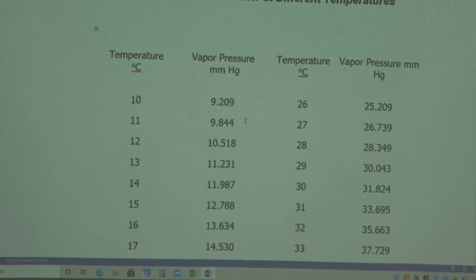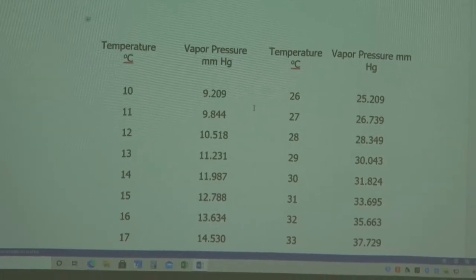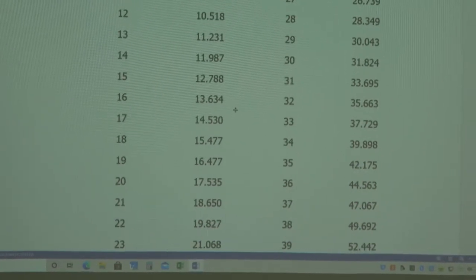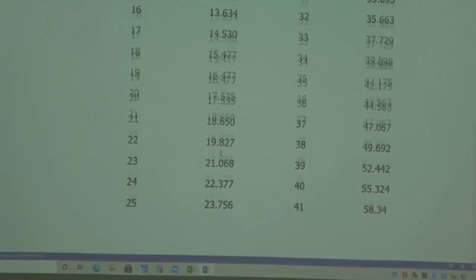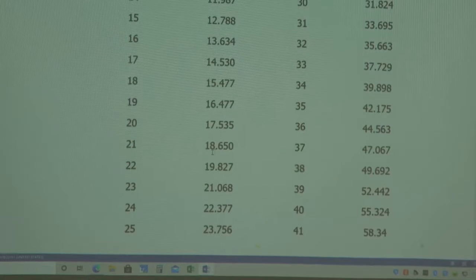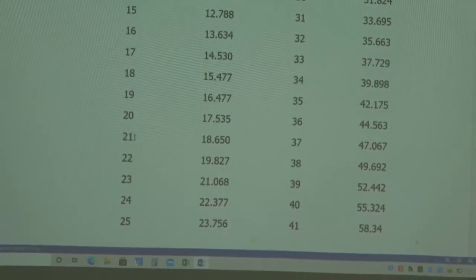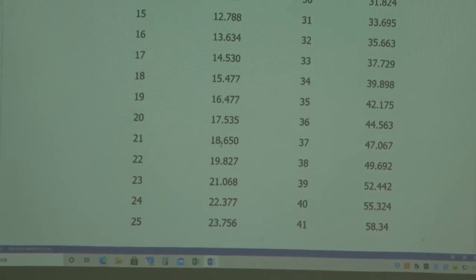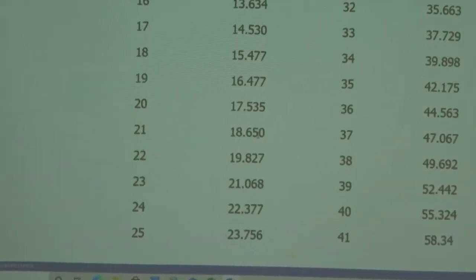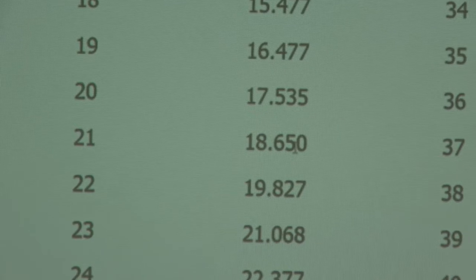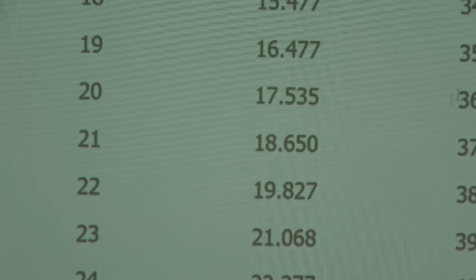Looking at the temperature you got for the water, which was 21 degrees, we can see that at 21 degrees the vapor pressure of water is 18.65 millimeters of mercury. Write it down on your lab manual.